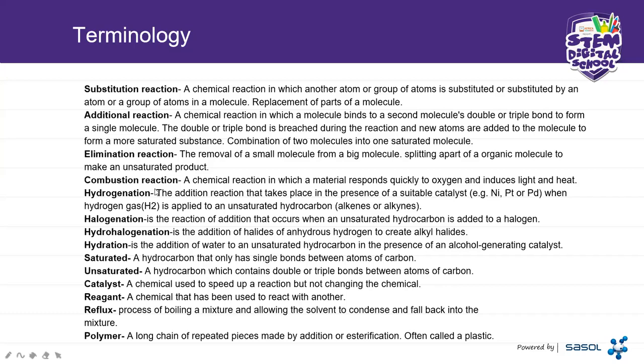So you have 1 molecule and it's going to end up becoming two smaller molecules, in contrast to the addition reaction, where you take two molecules and add them together to form one. In this case, you take one big molecule and divide it into smaller pieces.